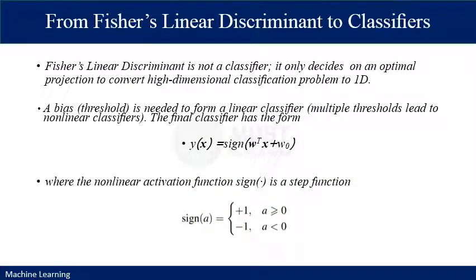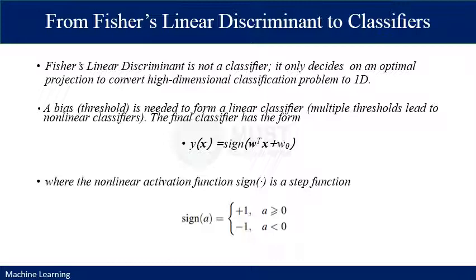Again, it is not a discriminant, it helps you find the projection of data. Therefore, a bias or threshold is needed to form a linear classifier, and multiple thresholds lead to non-linear classifiers.